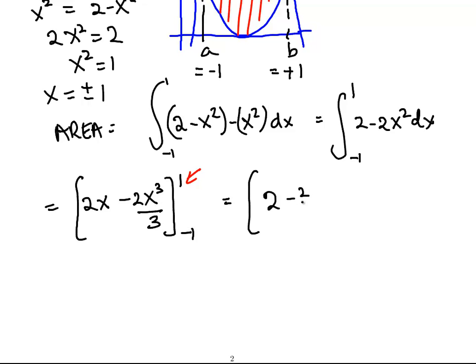Now let's evaluate it for the lower bound. When x equals minus 1, 2x is minus 2, and x cubed is minus 1, so that is plus 2 over 3.